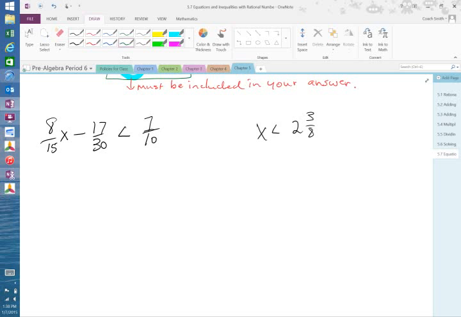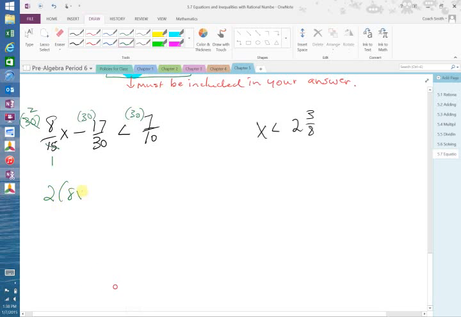What is the common multiple between 15, 30, and 10? 30. So that's 30 times each term. Well, 15 goes into 15 once. 15 goes into 30 twice. So that gives me 2 times 8x minus 30 goes into 30 once. 30 goes into 30 once.